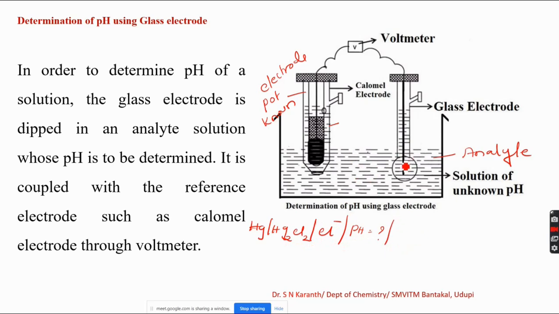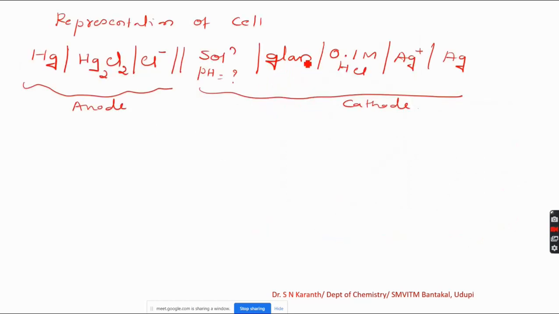Then it is in contact with the glass bulb, which contains a standard 0.1 N HCl solution, and in turn it contacts the Ag plus bar Ag electrode. I have not mentioned Cl minus again, because it is already there in the HCl, so it is the same. This way we construct the cell.